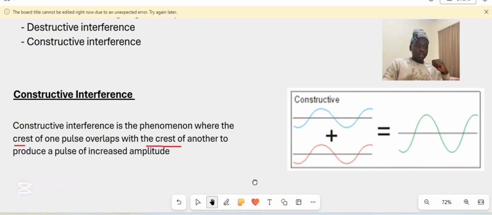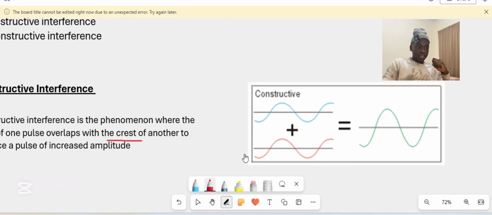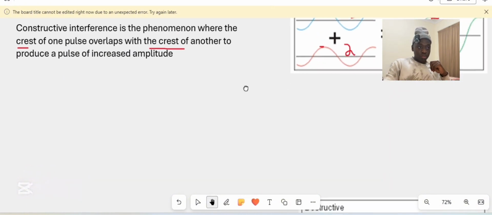So simply, it means that the crest of one pulse overlaps with the crest of another pulse to produce an increased amplitude, meaning that this and this will add and produce a higher amplitude. For example, let's say this is 2 and here also is 2. This is going to be 4. So yes, hopefully that is understood.